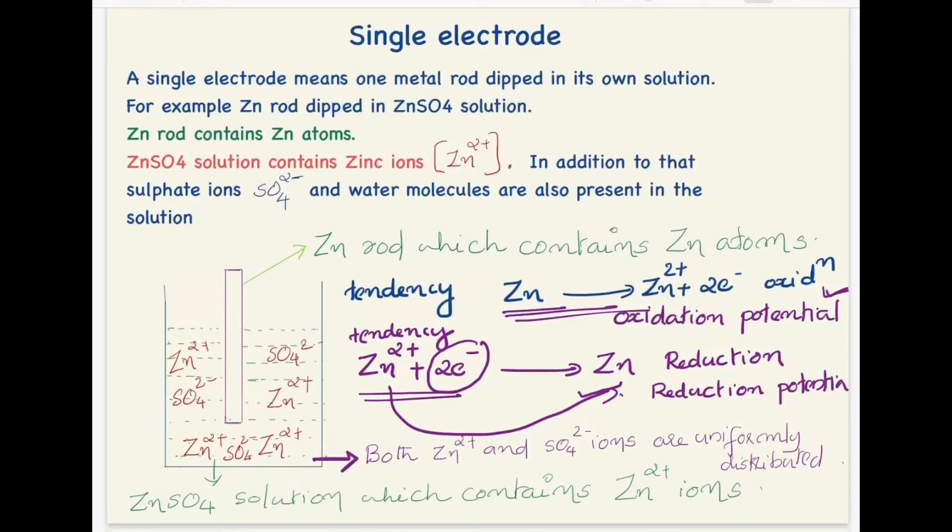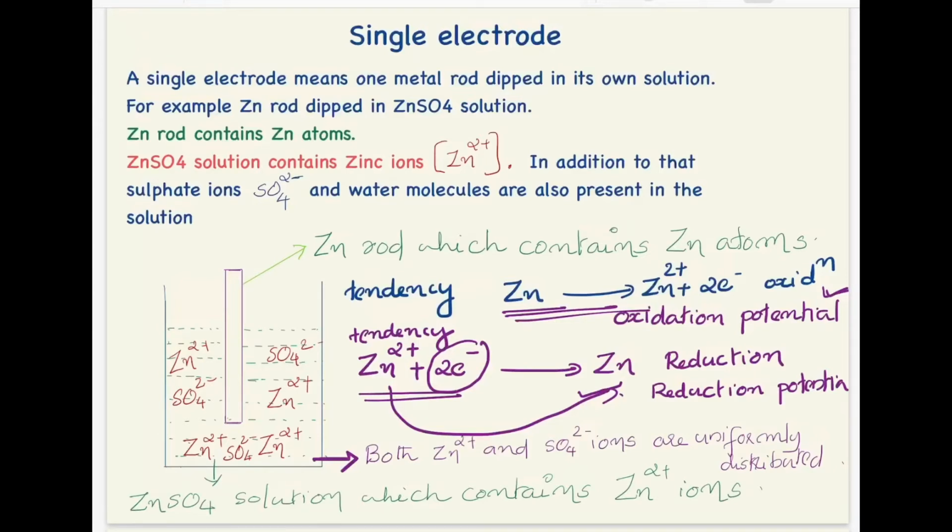So we call this the zinc rod. If you dip it in zinc sulfate solution, there won't be any change. And if there is no change in a chemical reaction, we call it at equilibrium. So here, no change in the concentration of zinc ion, no change in the number of atoms of zinc.